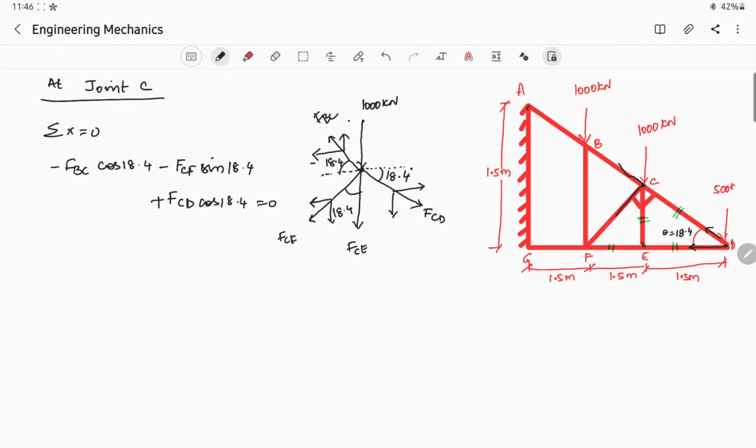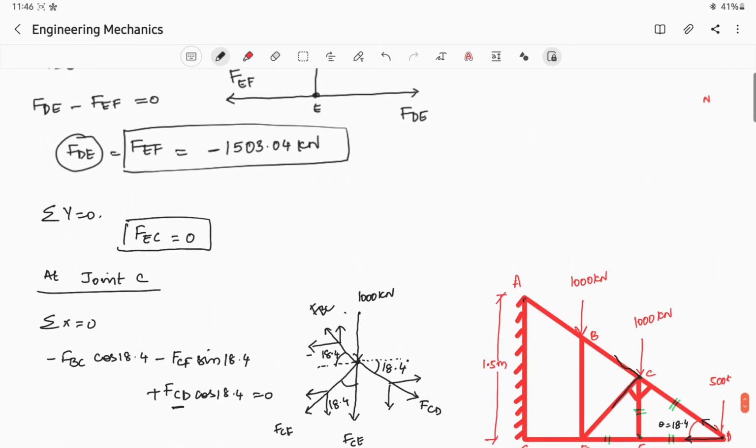Fine. So can we simplify further, right? So we'll try to simplify this one. Force in member FCD, we know the value of FCD, right? So we'll substitute: minus FBC cos 18.4 minus FCF sin 18.4 plus FCD.